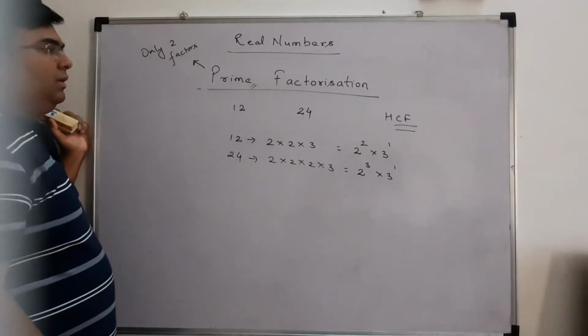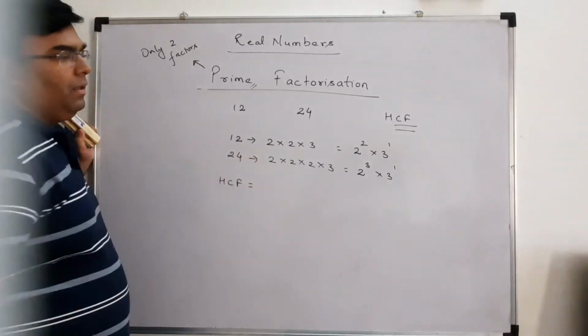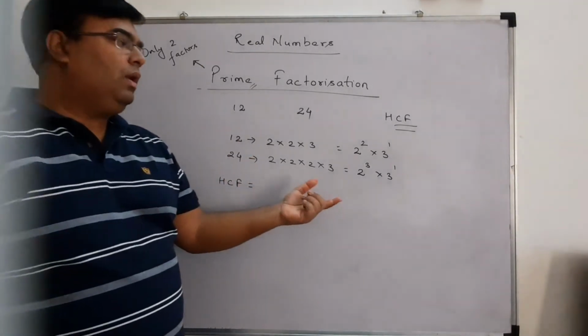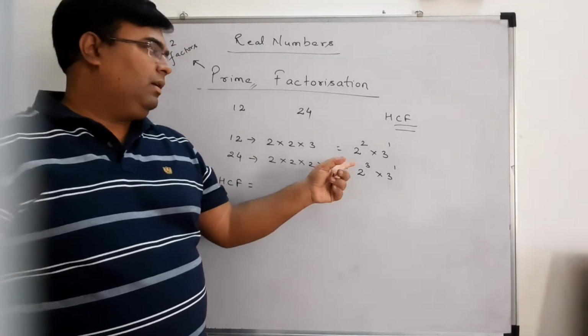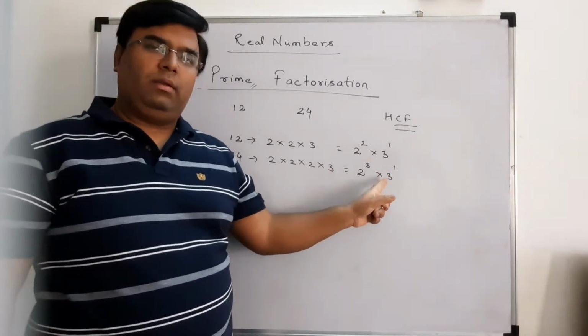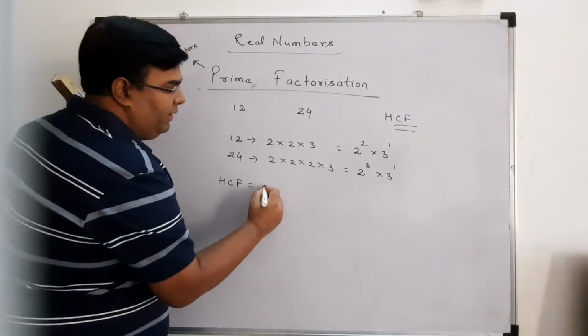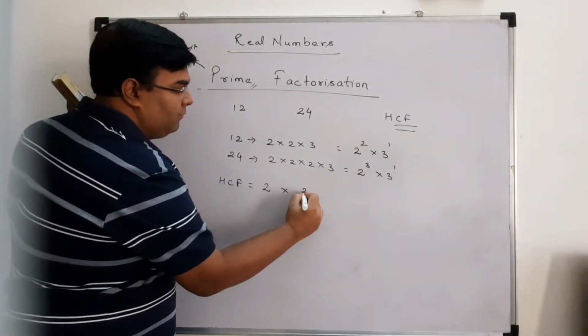Right. So HCF is, okay, how many different numbers are you seeing here? I have 2 and I have 3 here. 2 and 3. So 2 and 3 are there. So what we will do? We will write 2 and 3.